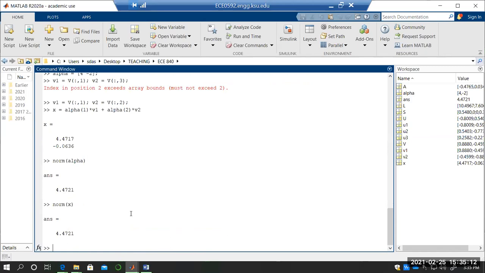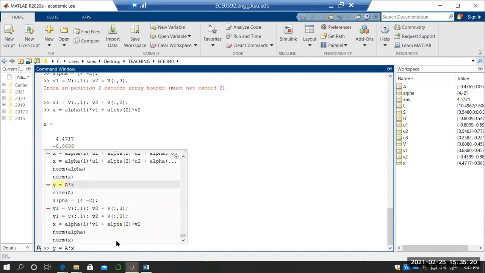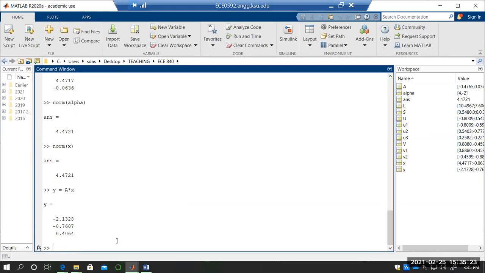So the length of x is now square root of alpha 1 square plus alpha 2 square. X is 2-dimensional. Y equals Ax would be 3 dimensions. Agreed?